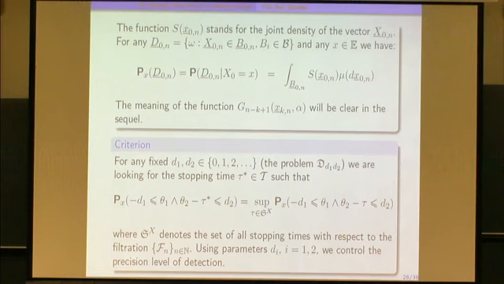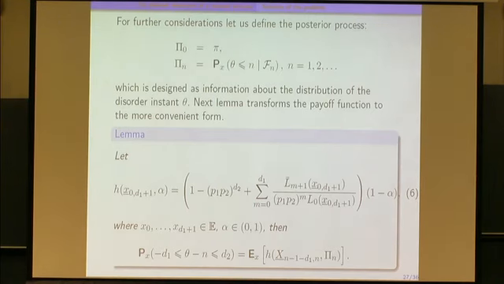slide, okay. So here is the problem. I would like to find the same. I want to solve the same problem, or find the disorder moment, minimum of these two disorder moments, and the payoff function here looks like this.